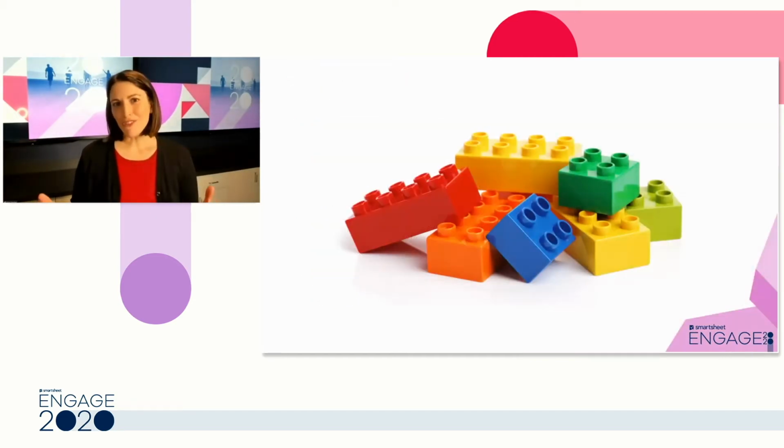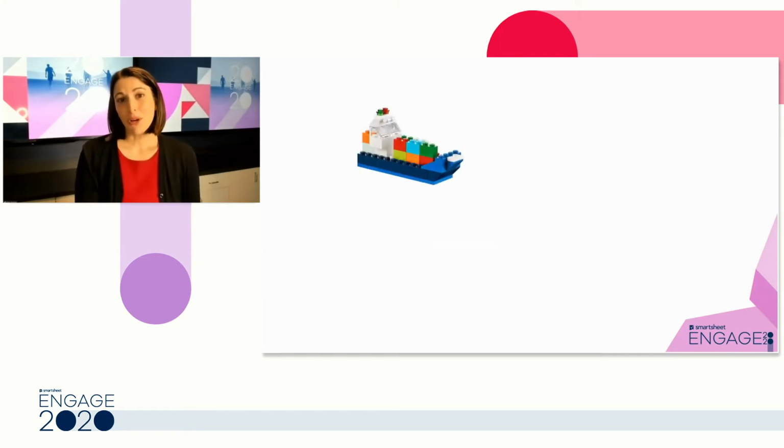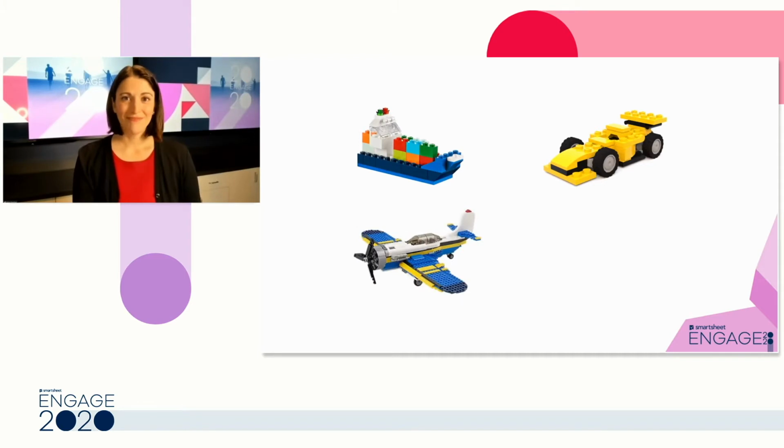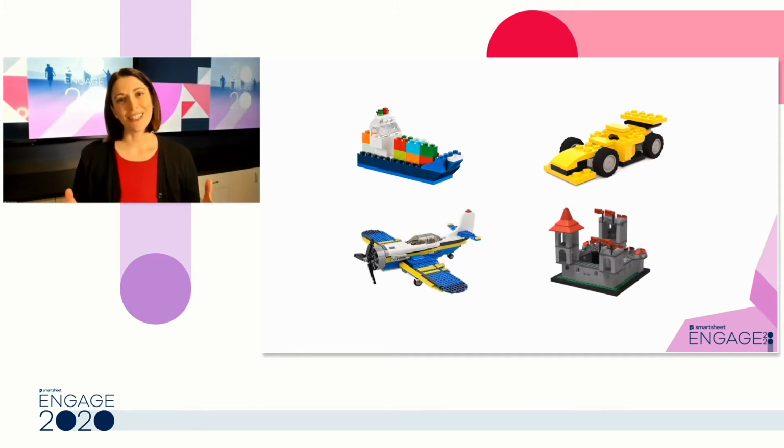If you've joined any of the other sessions, you've learned about the building blocks and you've realized there's a lot of building blocks to Smartsheet. And one of the wonderful things about those building blocks is that they empower you to build a lot of different things. You can build a boat or a car or an airplane or even a castle.